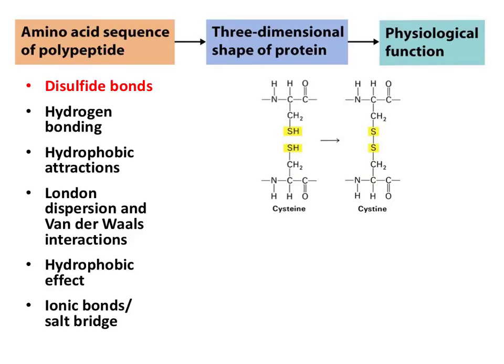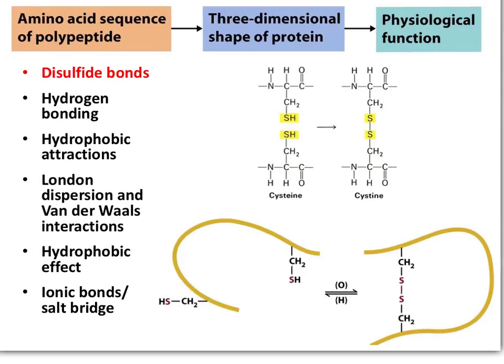To create a three-dimensional protein, we will involve disulfide bonds, hydrogen bonds, hydrophobic attractions, and one new one called a salt bridge. Cysteine side chains will get oxidized to produce a disulfide bond.